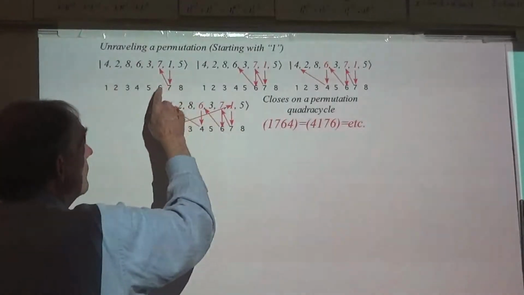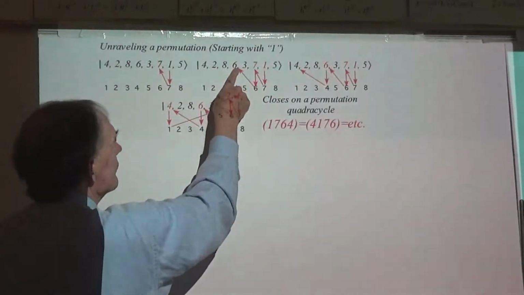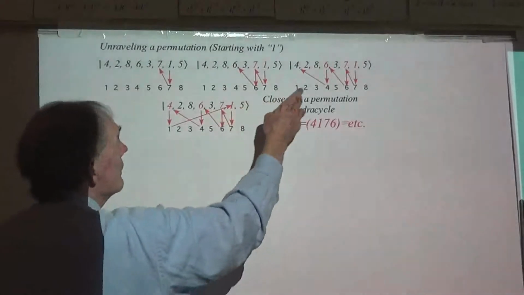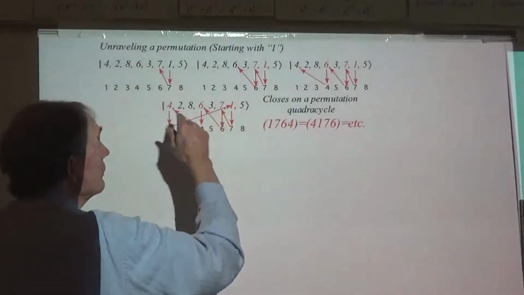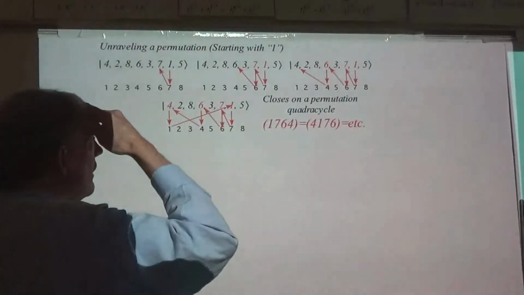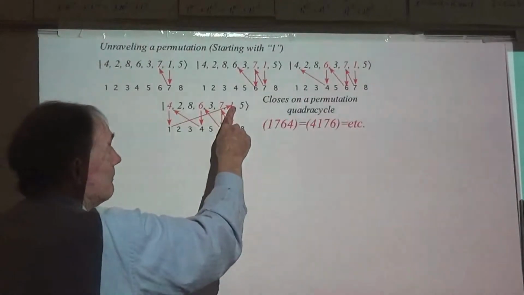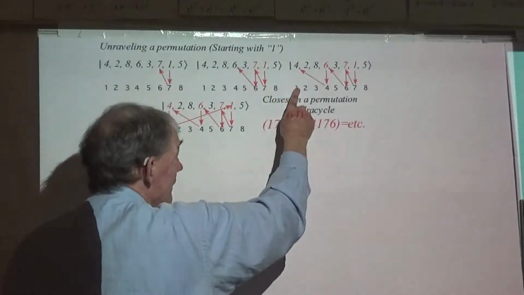Okay? And once I've got the 7, I look, oh, it's in the 6, so let me draw an arrow to the 6. Now I look where the 6 is. It's in the 4. That's way the heck up here. Let's draw an arrow to the 4. Zigzag, zigzag, zigzag, you see. As I go through all of the balls that I can with that, and I end with a quadricycle. Because the last step here is 4 is at 1, okay?